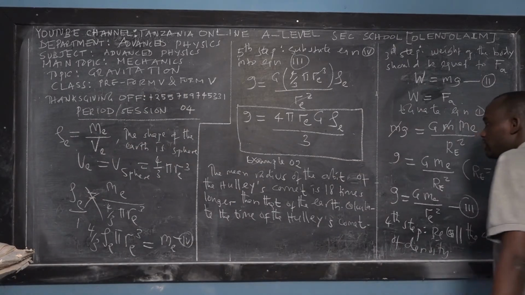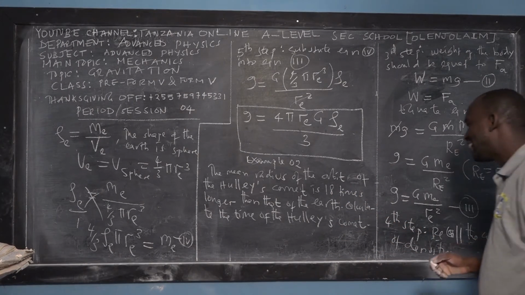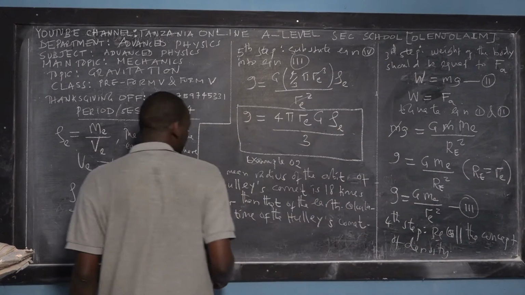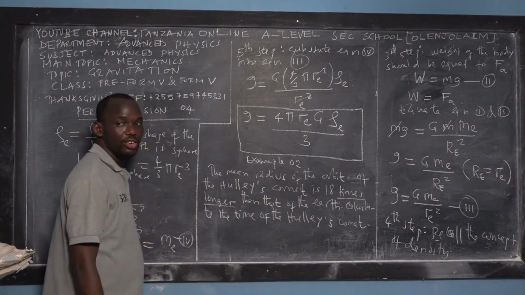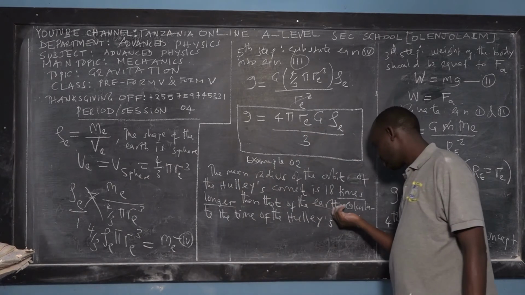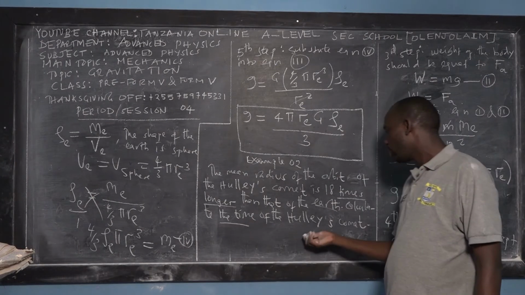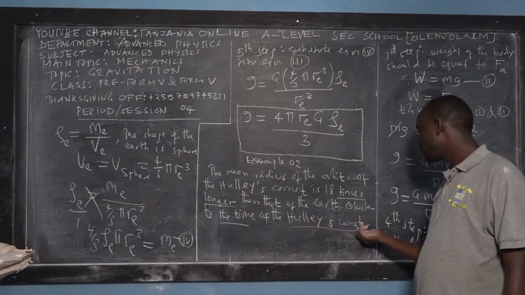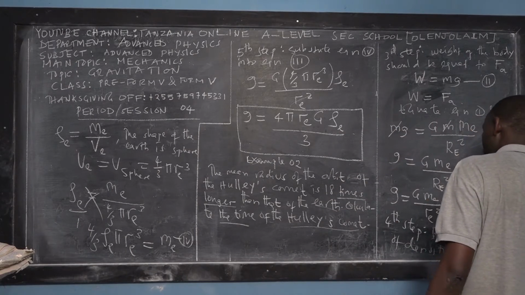So the question states that the mean radius of the orbit of Halley's comet is 18 times what? Times longer than what? The S. Calculate the time of the Halley's comet, means to complete one revolution around the sun.